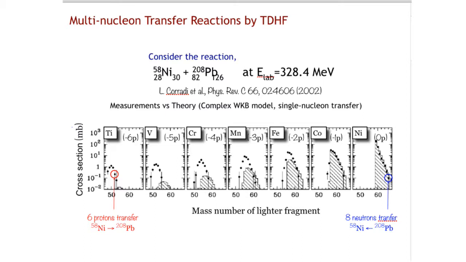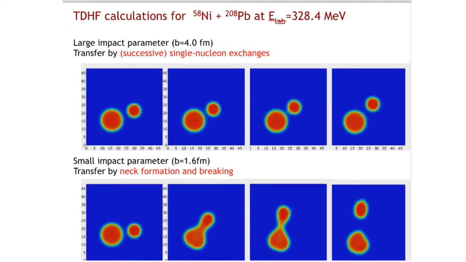So it's a calculation, density profile of the calculated collision. This is at the impact parameter of 4 femtometer. That's a large impact parameter. So this is the initial configuration. The two nuclei come close, but because of the Coulomb barrier, there are only a few nucleons exchanged at this stage and finally divided into two.